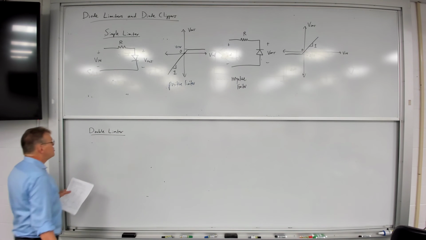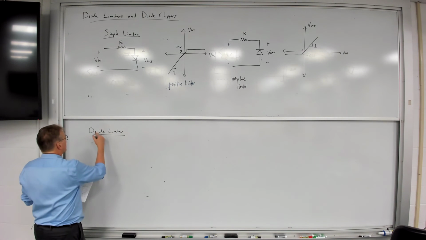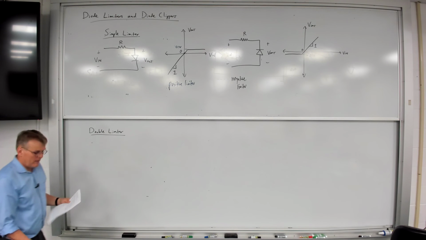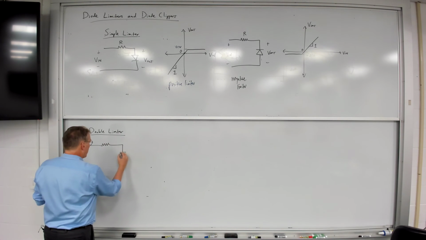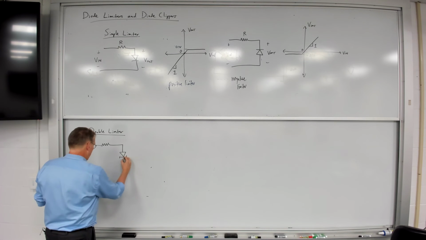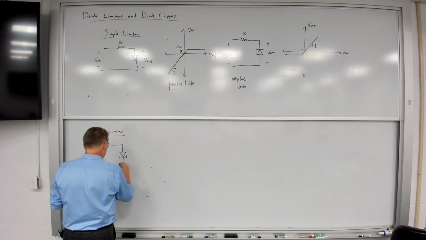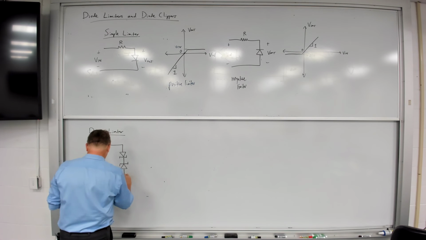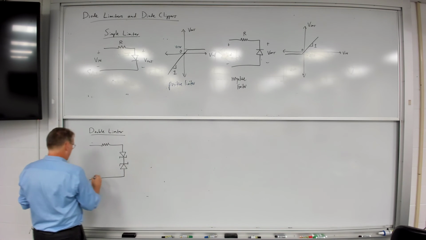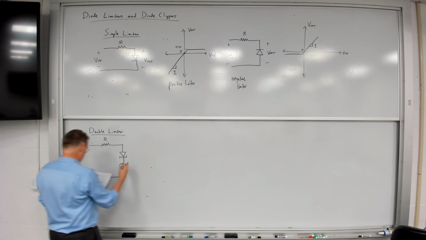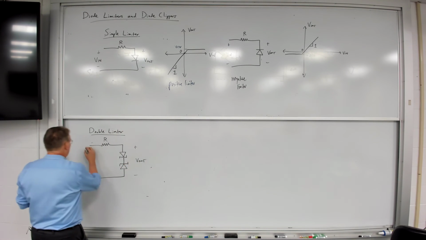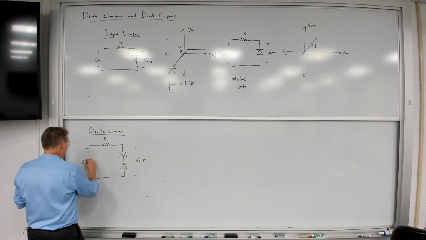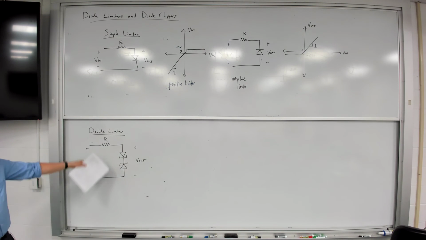It's called a double limiter. Let's take our limiter circuit and let's do this. Now here I've got two Zener diodes back to back.